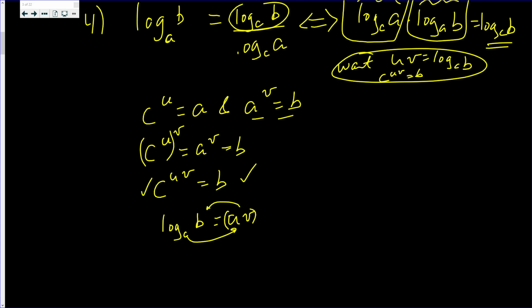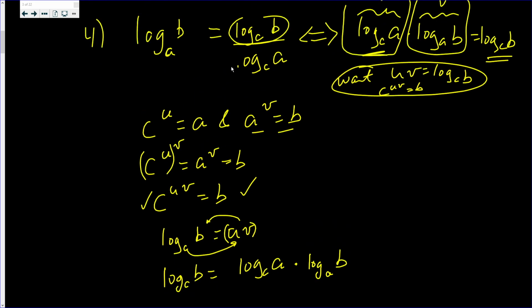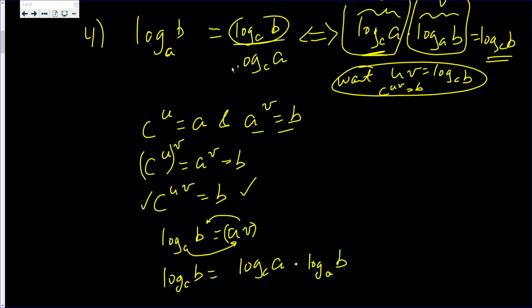Exactly what that line says. So log base C of B is U, which is log base C of A, times V, which is log base A of B. And that's exactly what I wanted to establish.